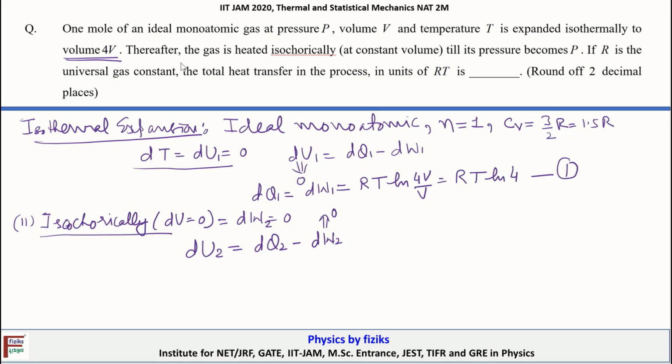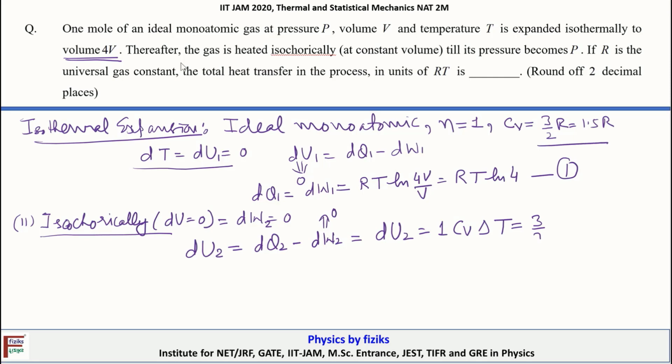So how much is going to be dU2? I will write dQ2 equal to dU2, and this is equal to the number of moles, which is given to be 1, so n Cv delta T, where Cv is the heat capacity at constant volume for the corresponding gas. Because it's a monoatomic gas, it is 3/2 as I wrote in the beginning.